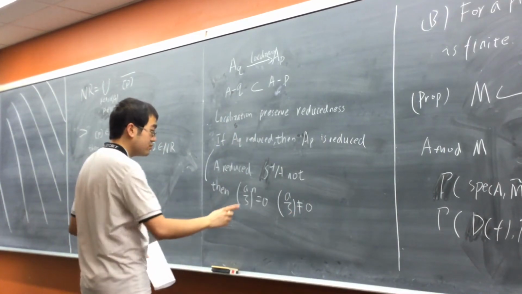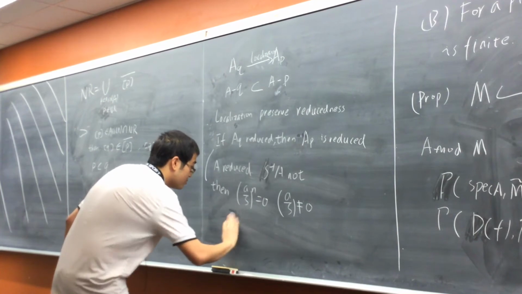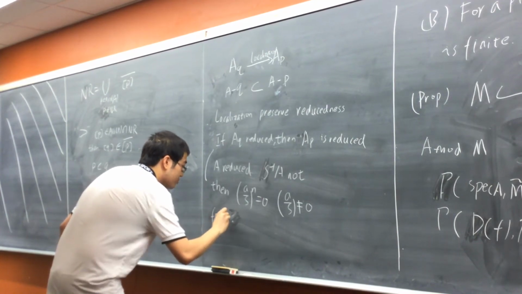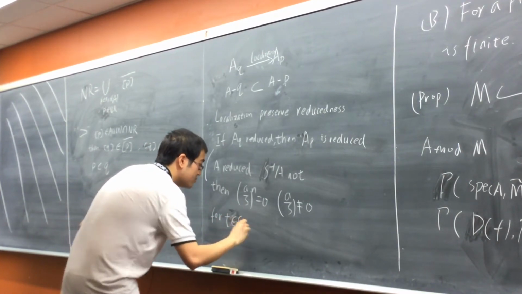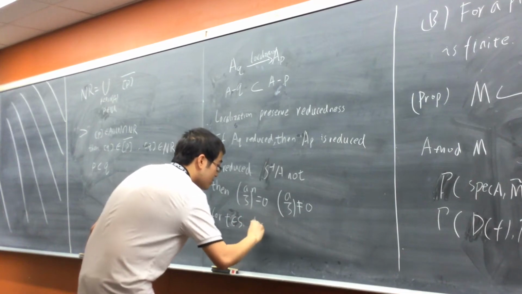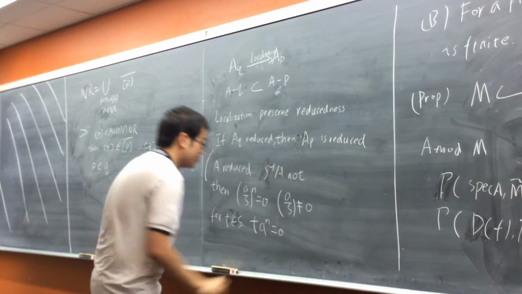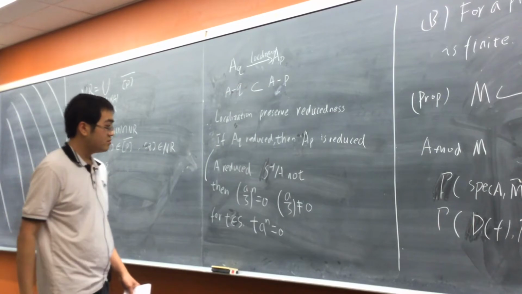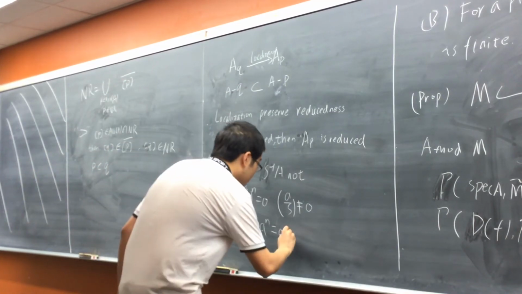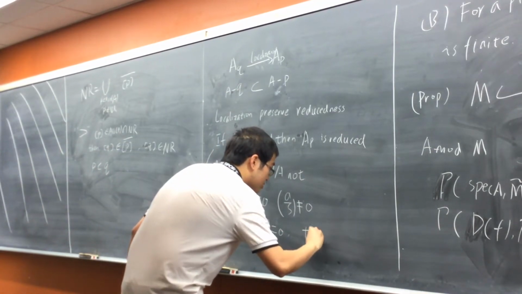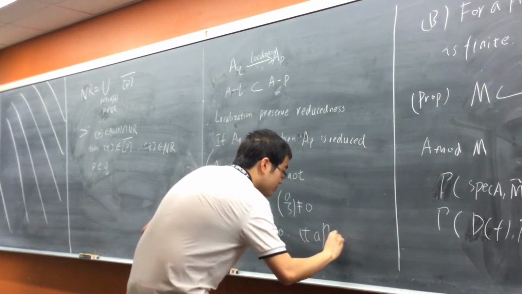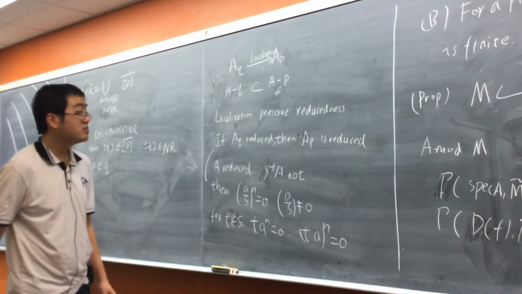And that means for t in S, t a^n equal to 0. But that just means t a to the power n is also 0.